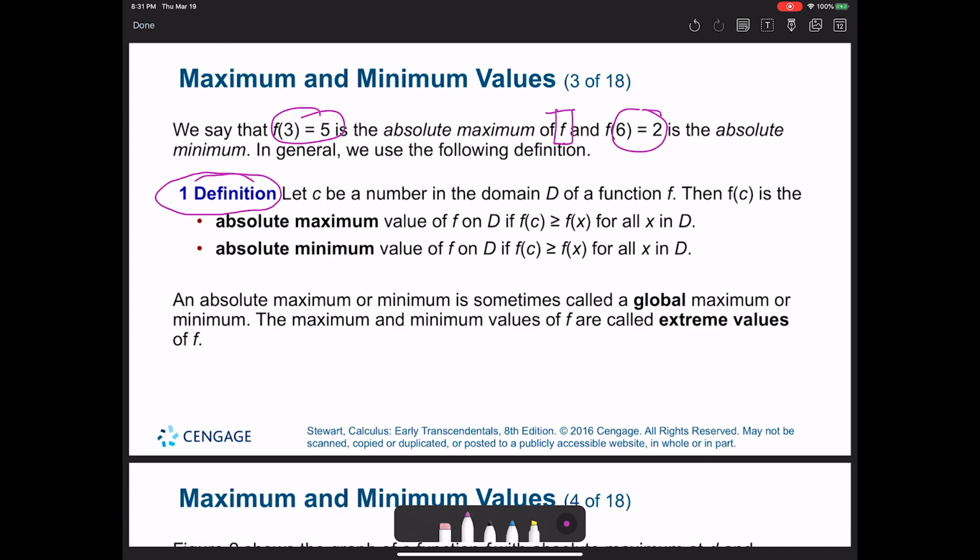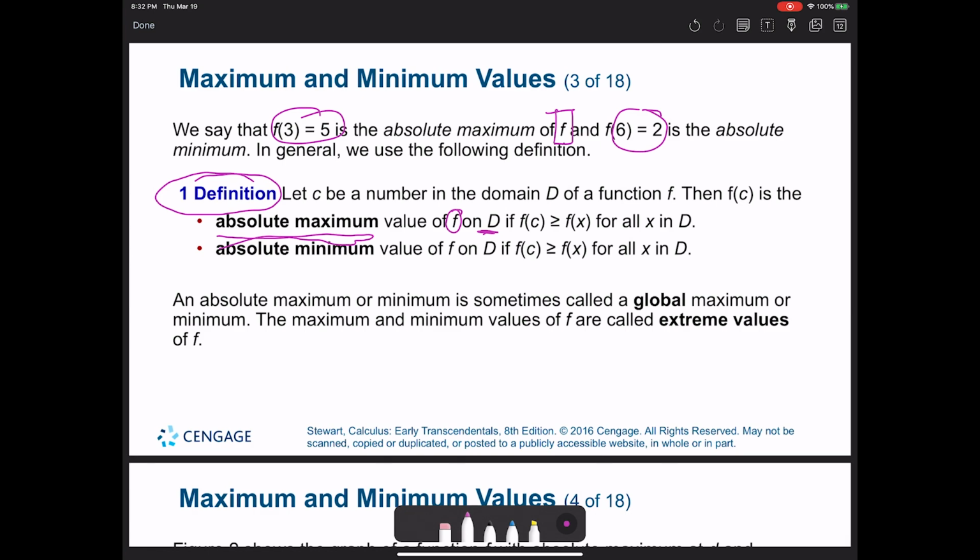So here, an absolute maximum is a value, a y value, as we know, of our function. In this case, it's f on D. So there are a group of x values that we're going to be examining, and that interval is going to be called D for the moment.